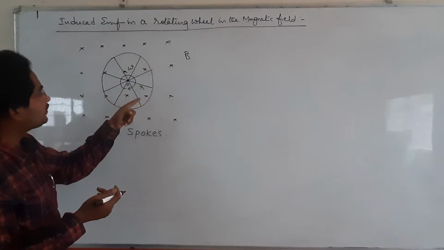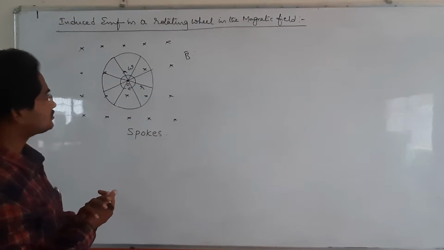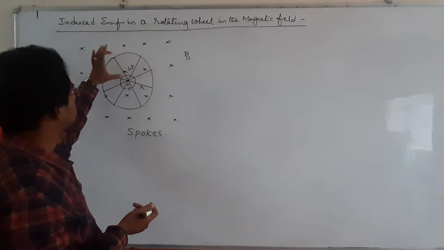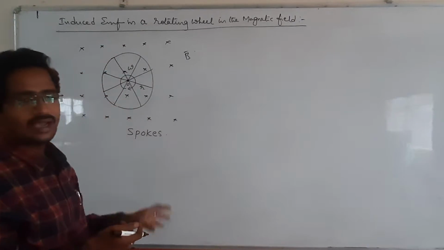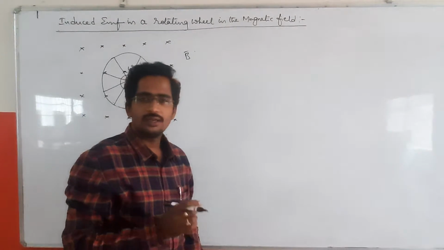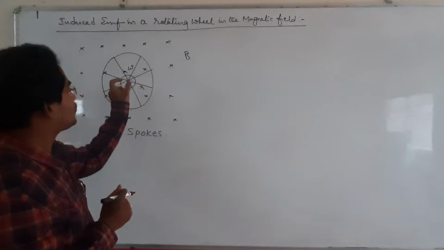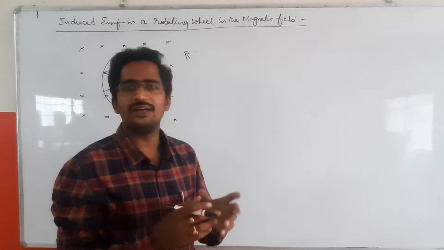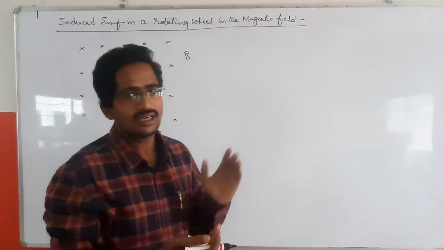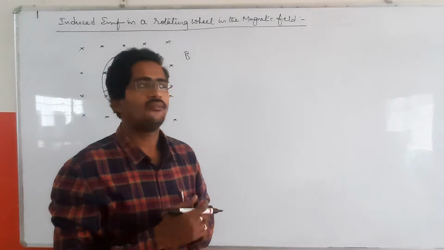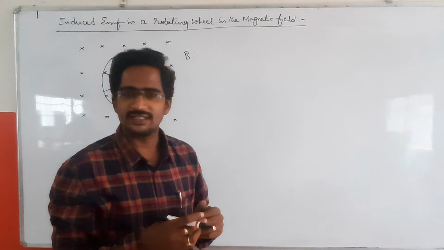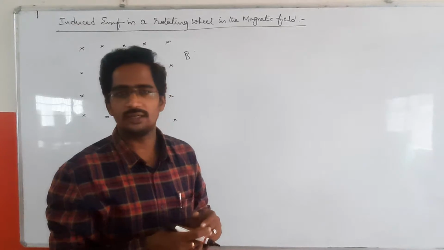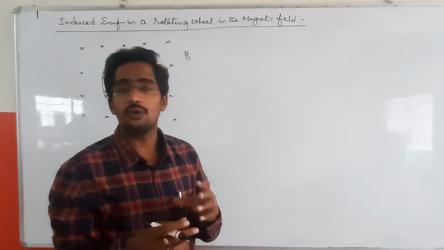Here, a number of spokes are there. Each spoke has a length of R. Then each spoke will act as a rod rotating about one of its ends. Yesterday we already saw that when a rod rotates about one of its ends, the EMF induced across its ends is B omega R square by 2.